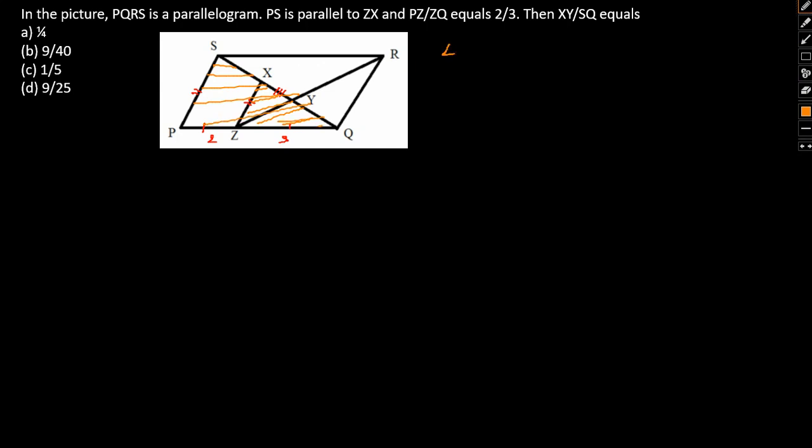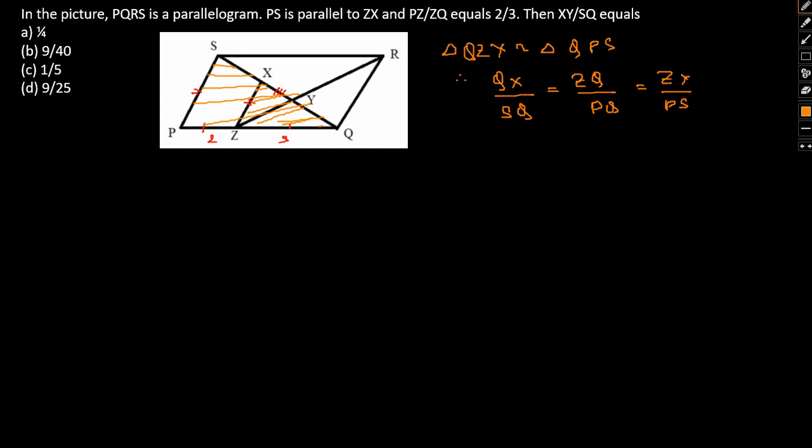So triangle QZX is similar to triangle QPS. Therefore QX by QS will be equal to ZQ by PQ, which will be equal to ZX by PS. I hope this particular point is clear.